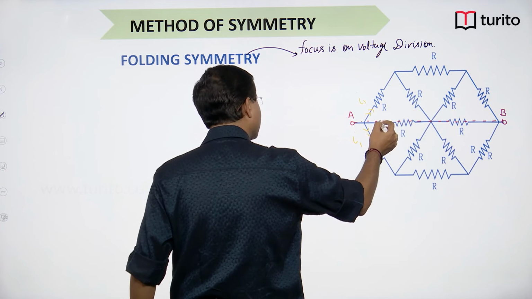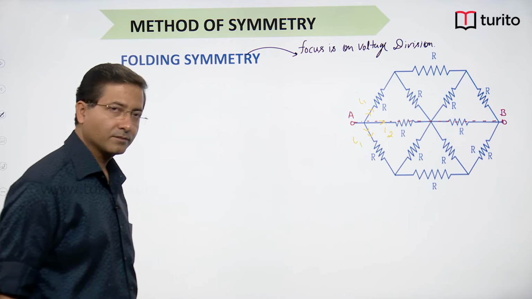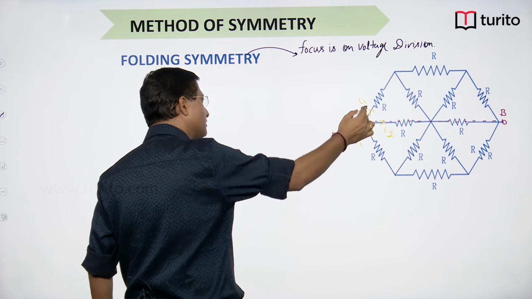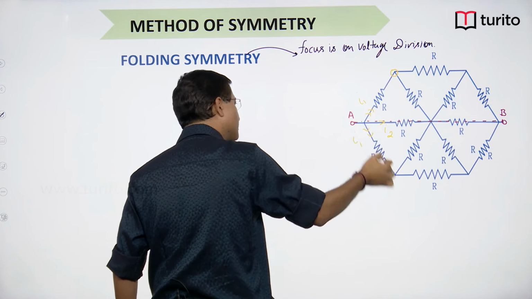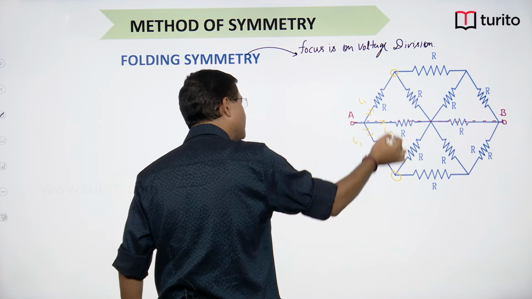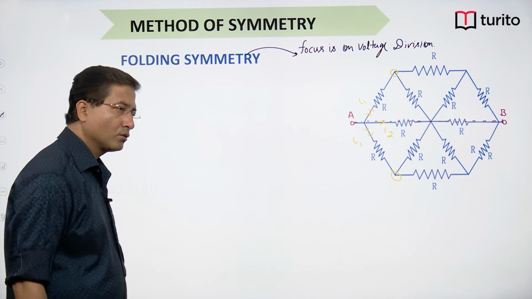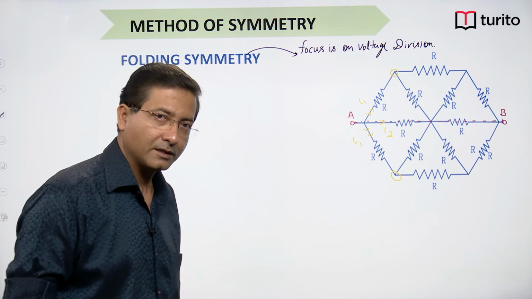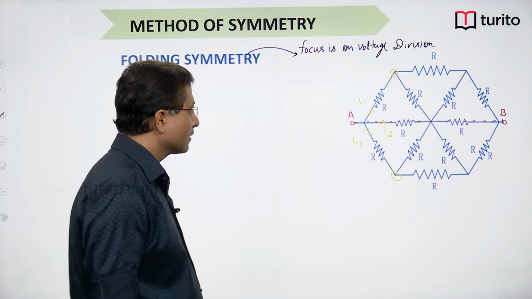Through this one, the current is say I2, we do not know. As this resistor is the same as this resistor and this current is the same as this current, this potential difference will be the same as this potential difference. That means this potential will be equal to this potential. So above the line of symmetry whatever junction we have and below the line of symmetry whatever junction we have, they will have the same potential.